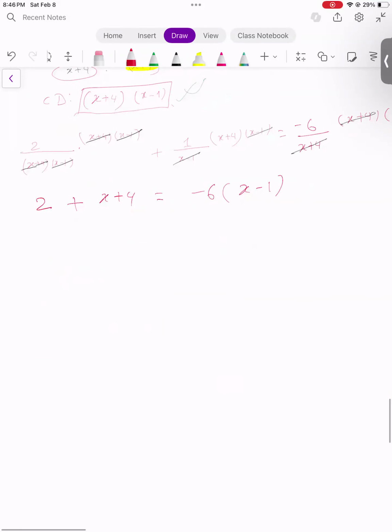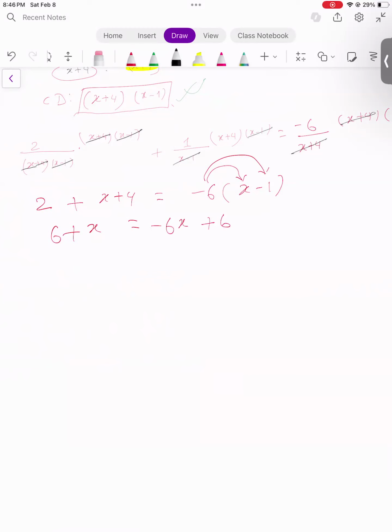So everything is gone. So we have 2 plus 4, like terms, so that is 6 plus x equals, you distribute this, negative 6 times x, negative 6x, negative 6 times negative 1, positive 6.